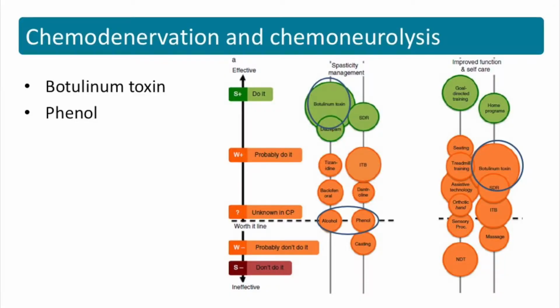Chemodenervation and chemoneurolysis. So Botox, botulinum toxin, Botox is a brand, botulinum toxin basically causes chemodenervation. It prevents the release of acetylcholine into the neuromuscular junction, basically stopping the contraction of a muscle. So we like that because it's useful in treating spasticity and dystonia.